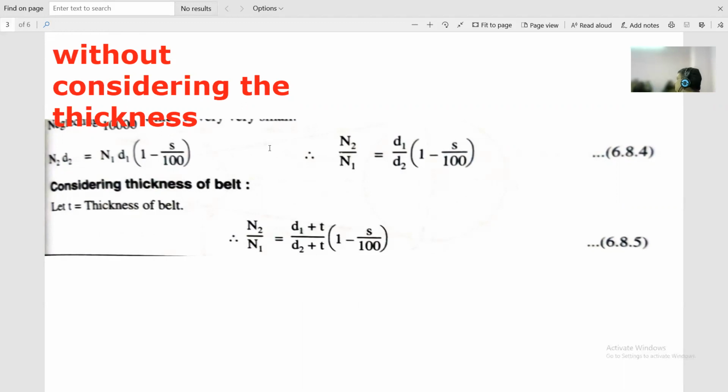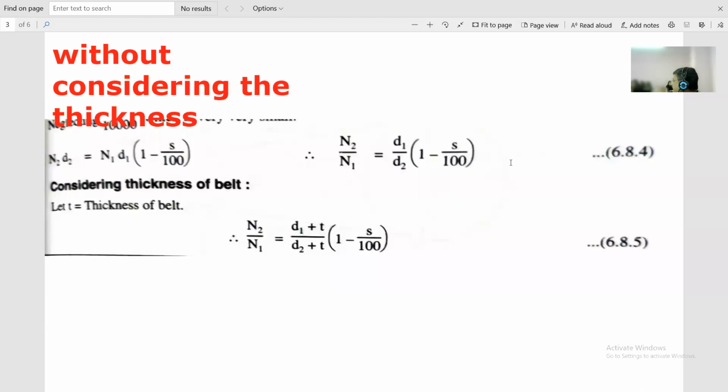Velocity ratio मध्ये तो include करावा लागतो, because it affects on velocity ratio. Is it clear? It affects on velocity ratio. So here it is just written n2 by n1 is equal to d1 by d2 in bracket 1 minus s by 100, 1 minus s by 100, and that s is nothing but slip of the belt.